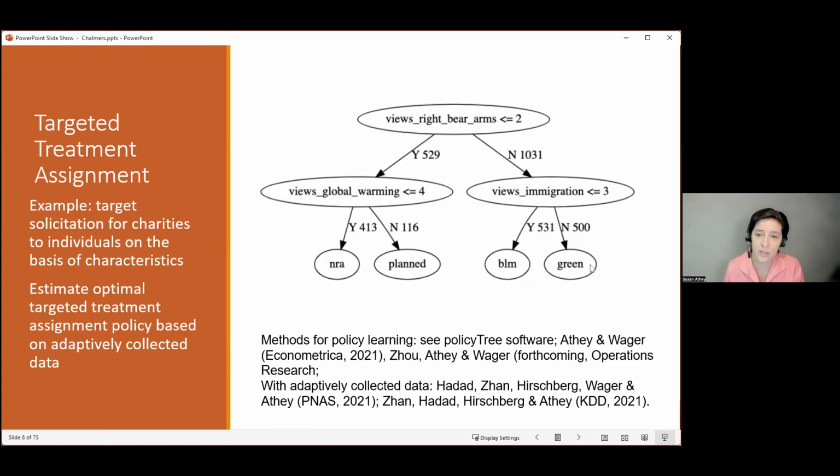The targeting is kind of extreme here, but we see that people who have, say, a view that you should be able to bear arms, and you don't care about global warming, then asking people about donating to the National Rifle Association is most effective. But if they like global warming, we might actually target them, and ask them about the charity Planned Parenthood.